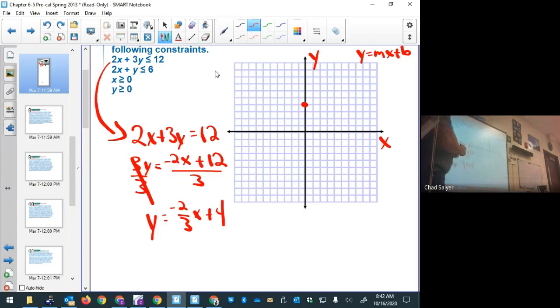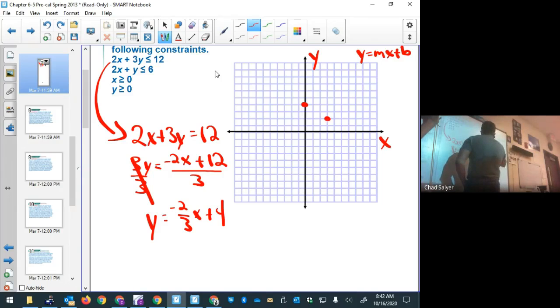Tell me what my slope is, Rachel. Very good. So if I know the slope's negative 2 over 3, Ian, how can I find my next point? Very good. Down 2 over 3. Down 2 over 3. See how this works? And then if I'm going this way, I go back 3 up 2.